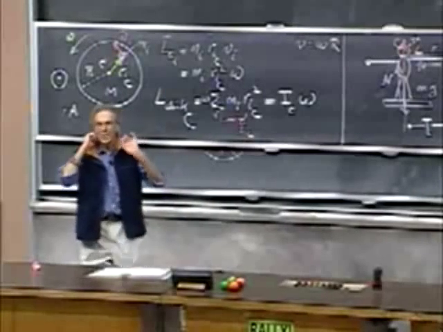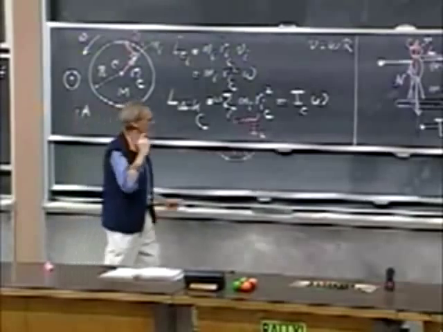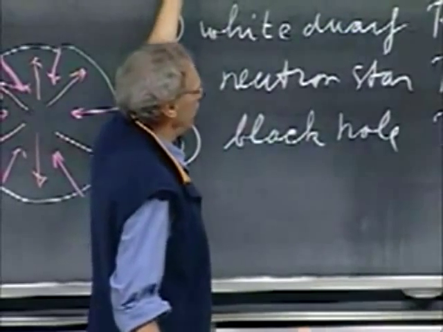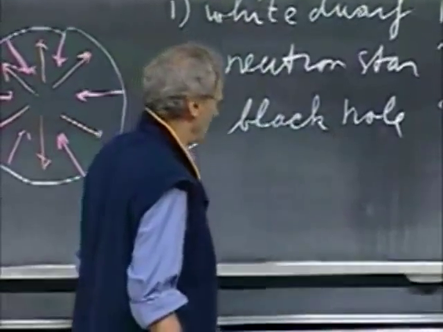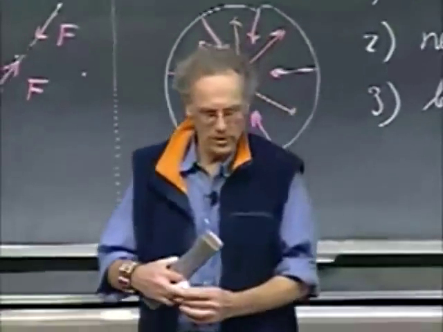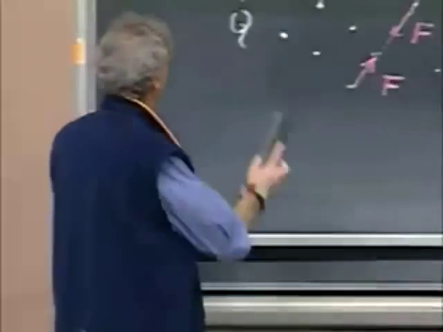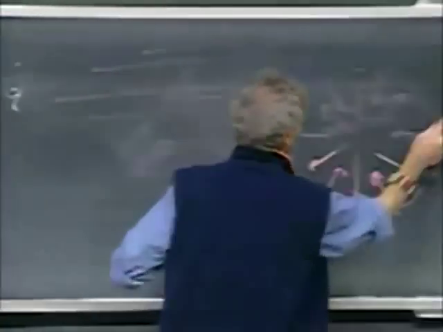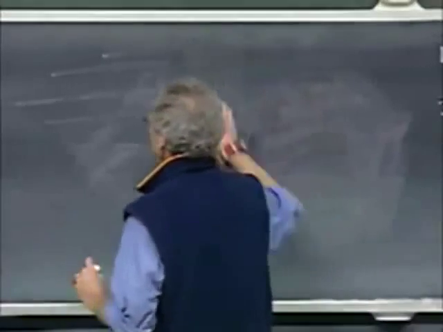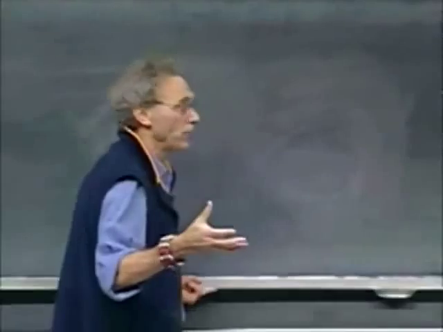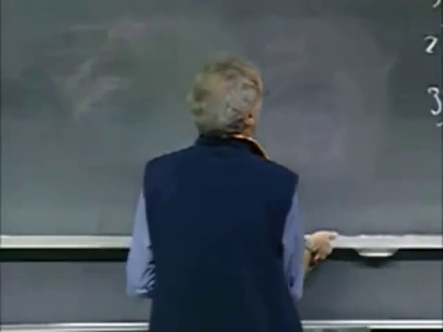I want to do a little bit of quantitative work on this, and I want to take an object like our Sun, and I would like to collapse that object from its present radius of the Sun, which is about 700,000 kilometers. I want to collapse that to a neutron star with a radius of 10 kilometers, even though I know, and I told you, that the Sun will not become a neutron star.